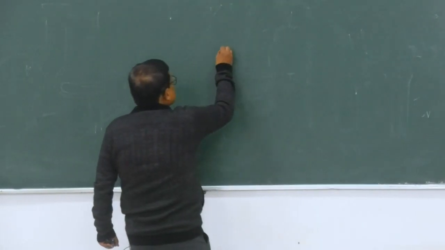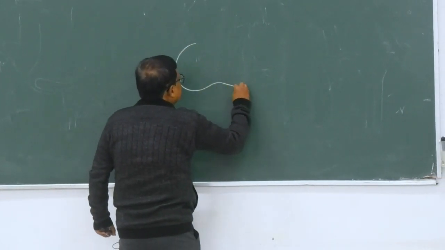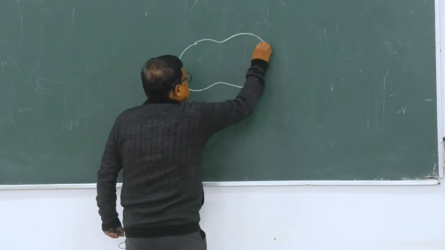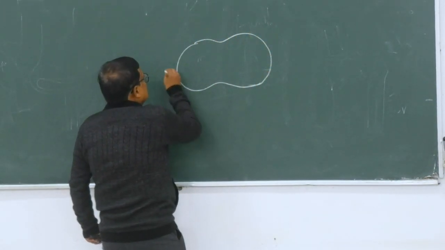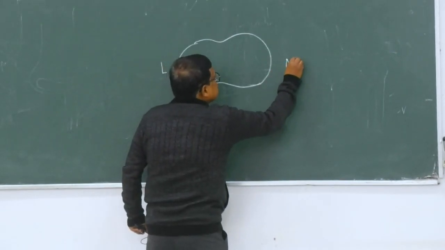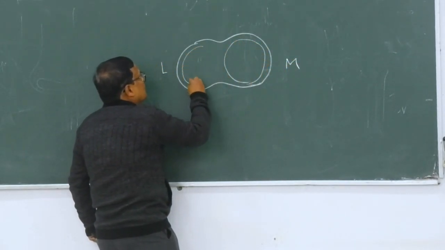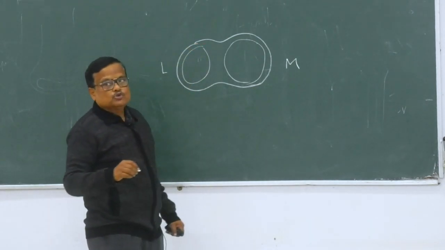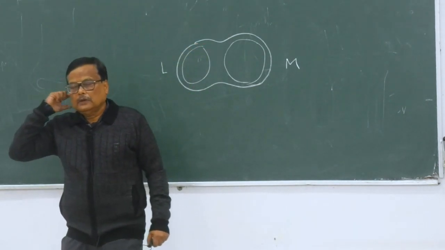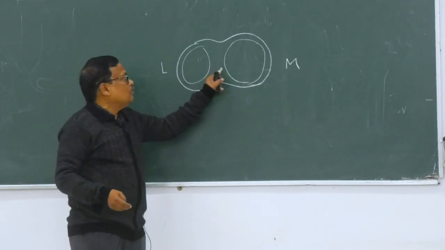If we look at the upper surface of the tibia, there is the lateral and medial side, the tibial condyles. I am viewing the tibia in the superior aspect, and this is the intercondylar area.